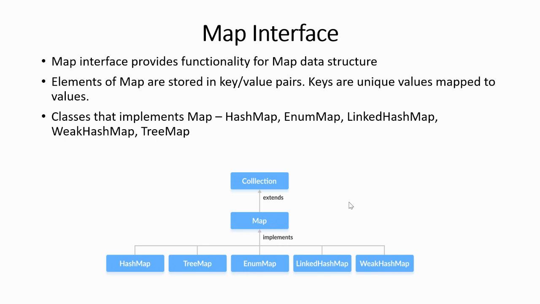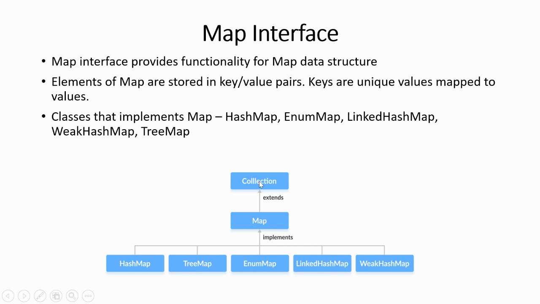The classes that implement Map are HashMap, EnumMap, LinkedHashMap, WeakHashMap, and TreeMap. We are going to see all of these one by one in later tutorials. If you see here at the bottom, we have five classes that implement the Map interface, and the Map interface extends the Collection interface.